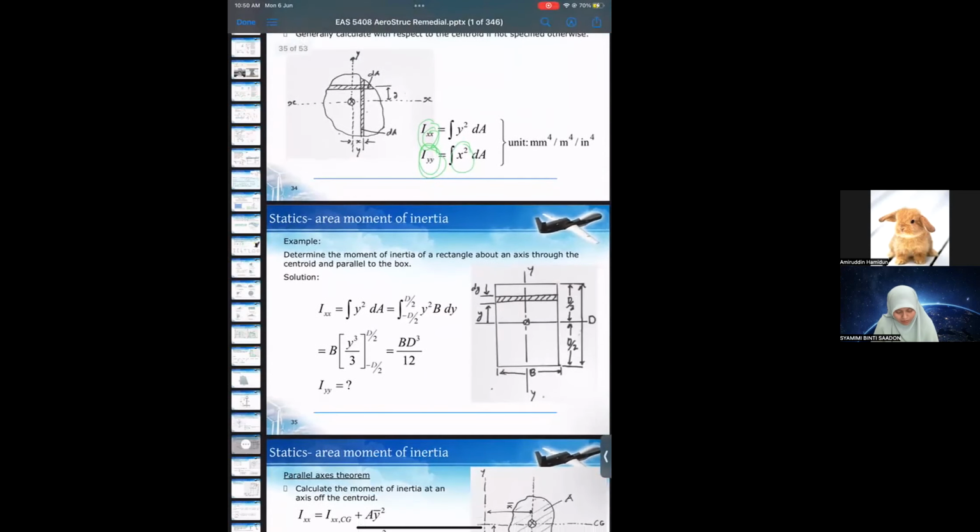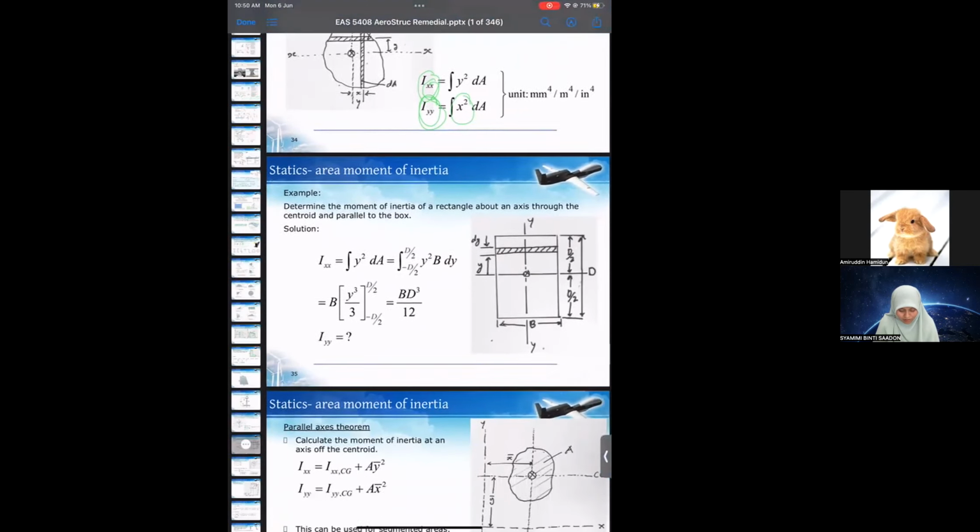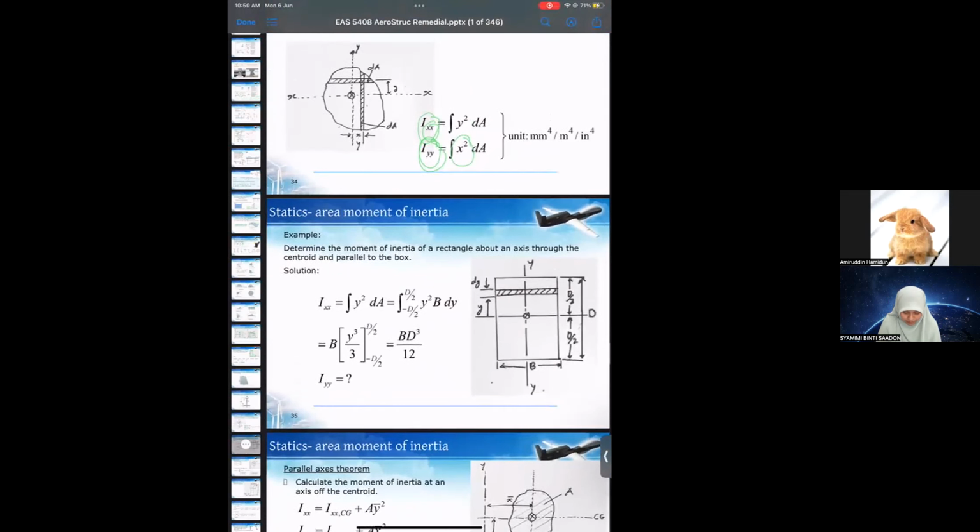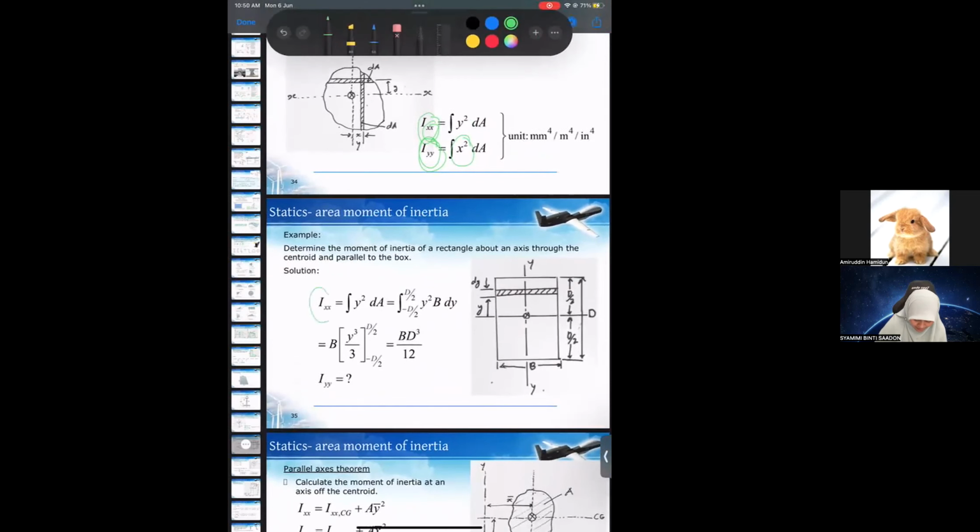You see an example like this one. Determine the moment of inertia of a rectangle about an axis through the center and parallel to the base. We calculate Ixx first. The formula is the integral of y squared dA. We separate the dA here into b dy.